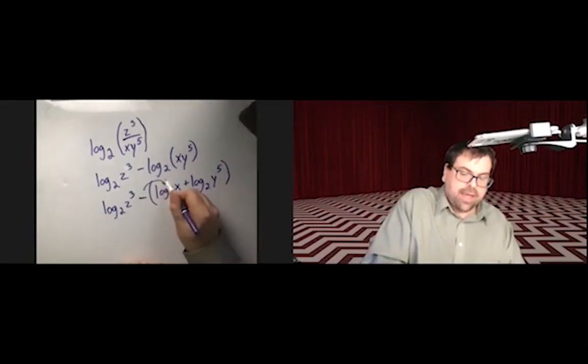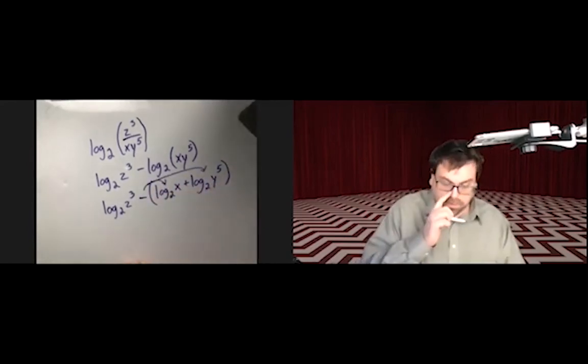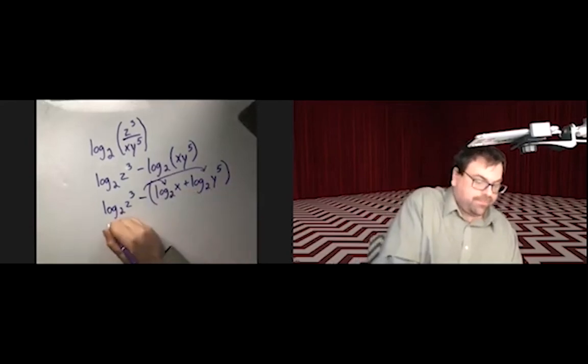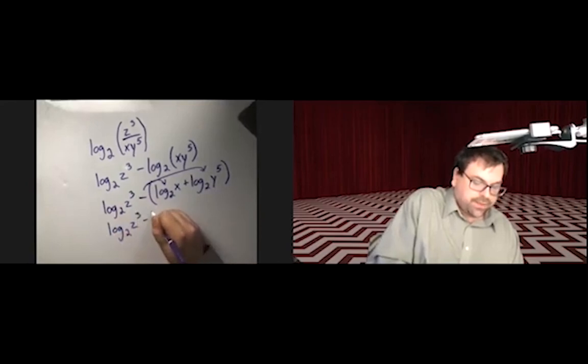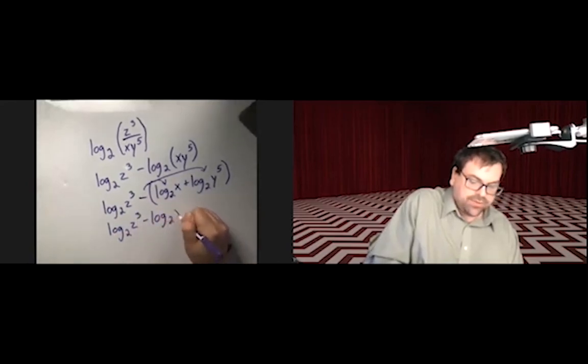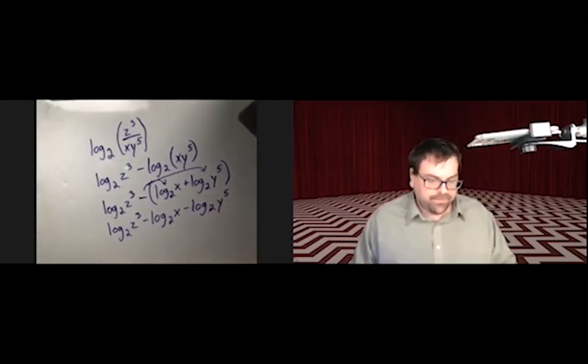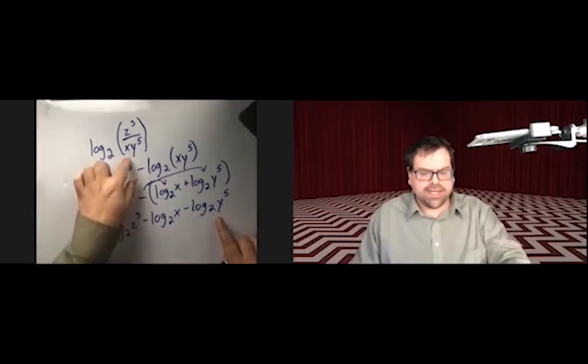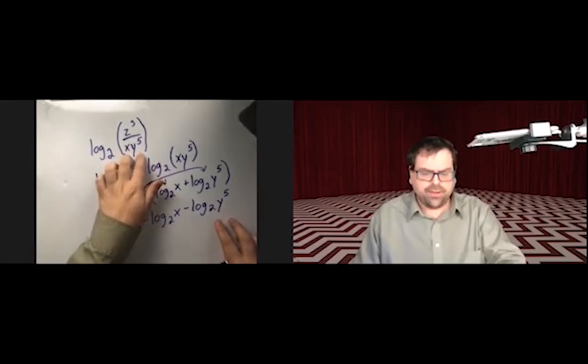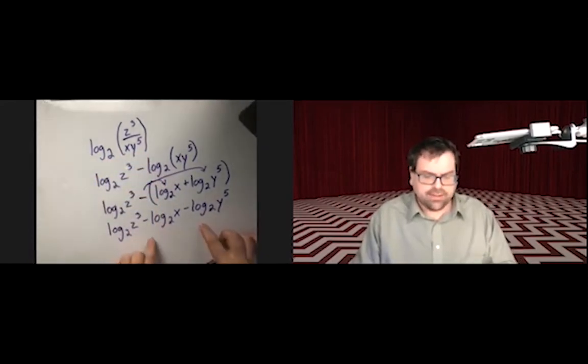And that minus would get distributed. So minus log base 2 of x minus log base 2 of y to the 5th. And again, not surprising because the x and the y to the 5th are both on the bottom. They're both being subtracted in the long run.